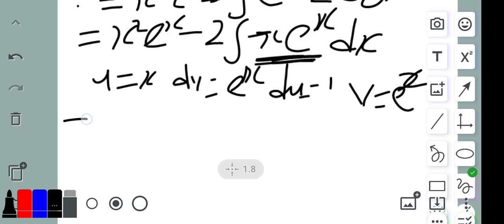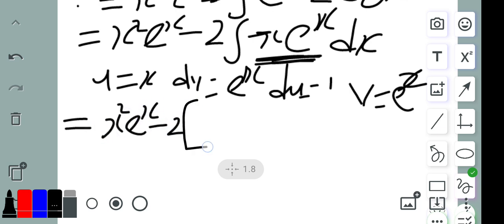So from here, how do we continue our problem? Same thing, write this. You have x square exponential x minus 2 open bracket. Now this is the integral that we want to use integration by parts for. From the formula, the integral of u dv equals uv minus the integral of v du.